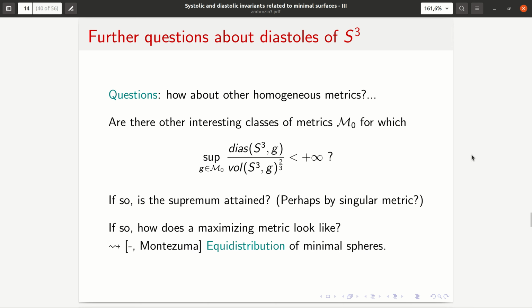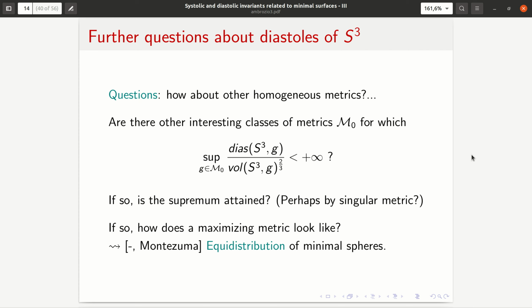And finally, if this supremum is attained, then one can ask, what does a maximizing metric look like? Regarding this last question, Raphael and I proved a certain necessary condition.